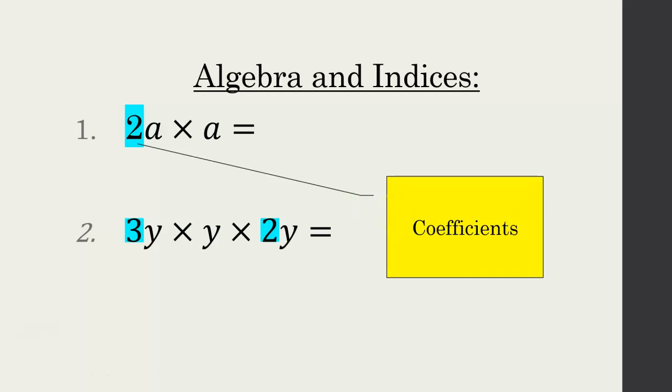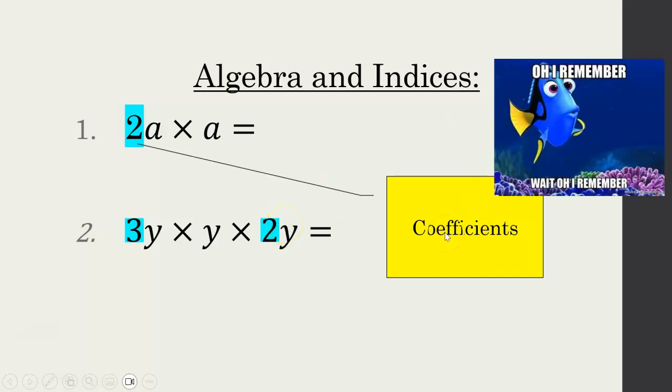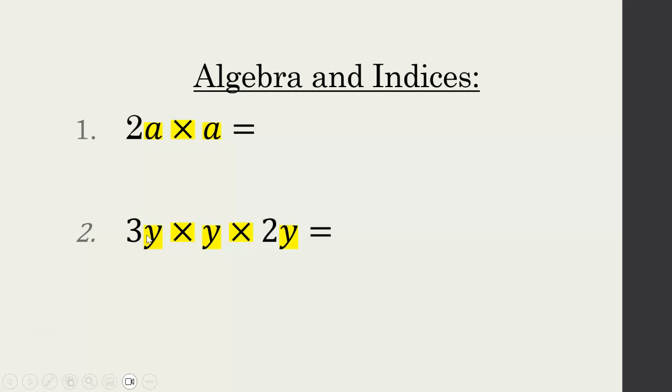They're the numbers in front of the variable, and it's the exact same thing as 2 multiplied by a, or 3 multiplied by y, and 2 times y. It's important to remember the word coefficients, because sometimes it comes up in questions. Then we just have the variables themselves: a, y, y, and y.